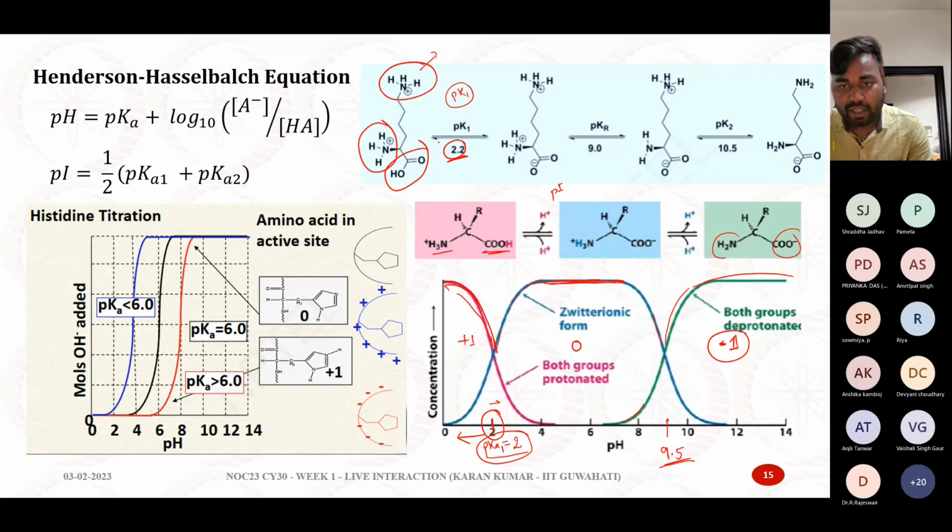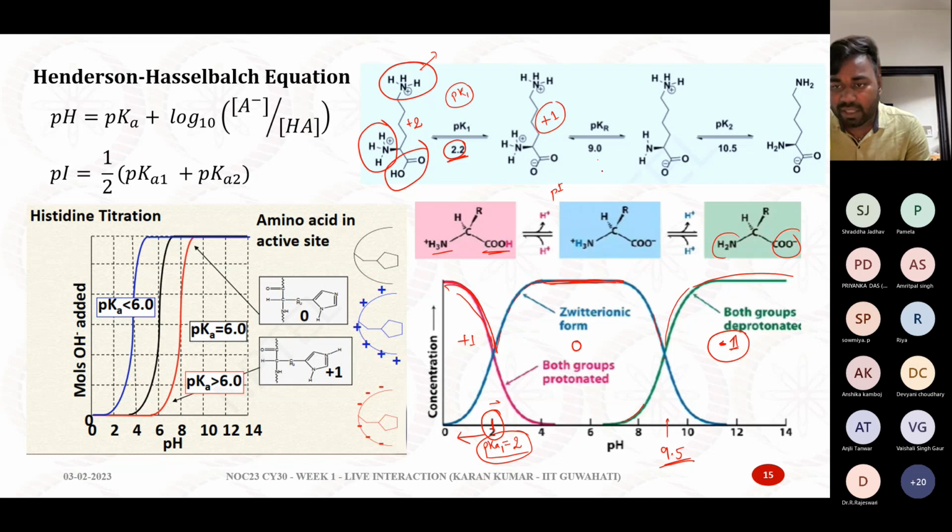Once you cross pH 2.2, the alpha carboxylic group will lose its proton and exist in the negative charge. Then the net charge will be +2 -1, which is +1. Before that, the net charge is +2. From pH 2.2 to 9, arginine will exist in +1 charge.